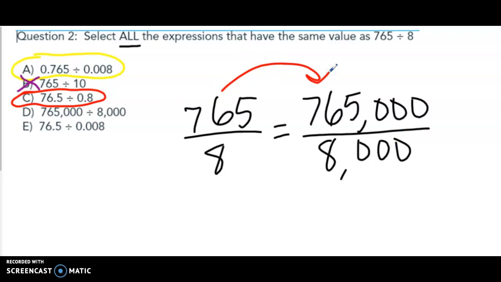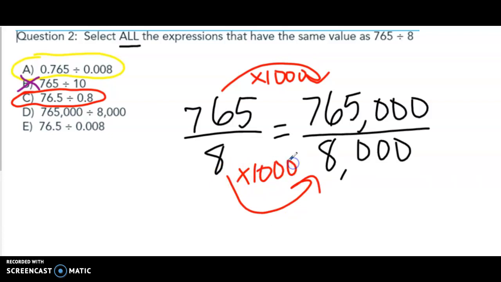That means I'm multiplying. Well, right here, I know I'm multiplying by 1,000 because I've added 3 zeros to the end of the number. Have I done the same thing here? I added 3 zeros on here. I'm multiplying by 1,000. We're multiplying the divisor and the dividend by the same factor. So yes, these will have the same value.